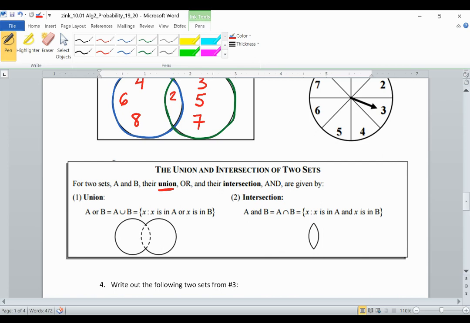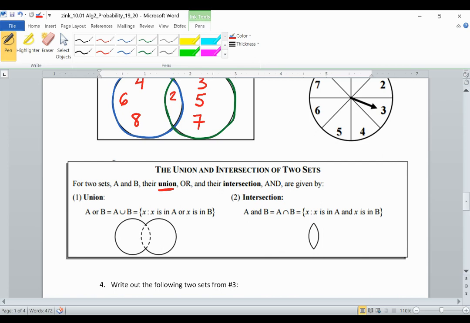It's like moving into a house and you all bring all your stuff into the same house together. Union is everything in A and everything in B.